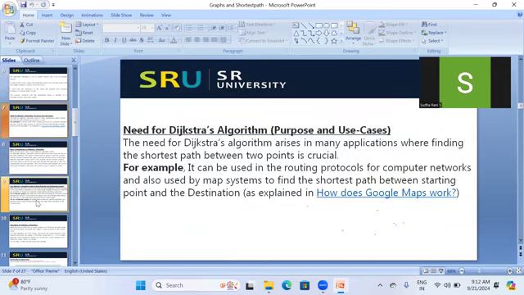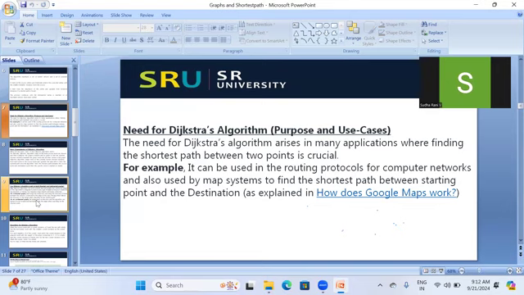So what is the need for Dijkstra's algorithm? Dijkstra's algorithm is used in many applications where we need to find the shortest path between two points.